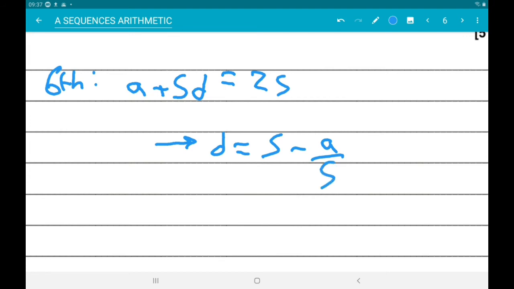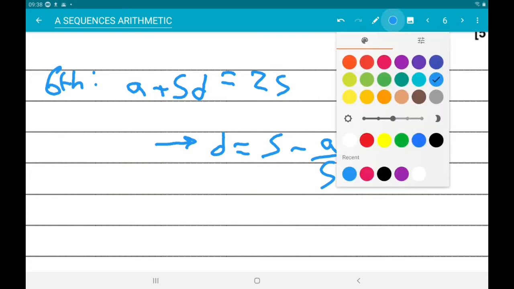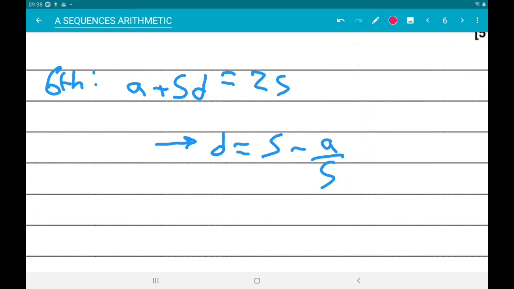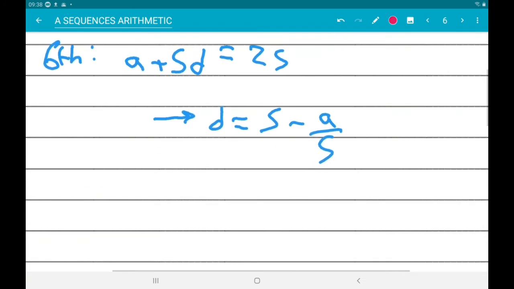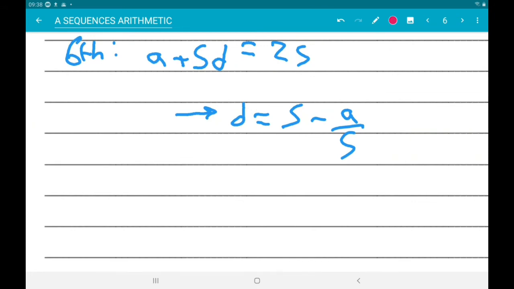Alright, so now we're gonna substitute that into the thing from part A. So let's do the sides separately. So the left hand side was 4a add 70d.